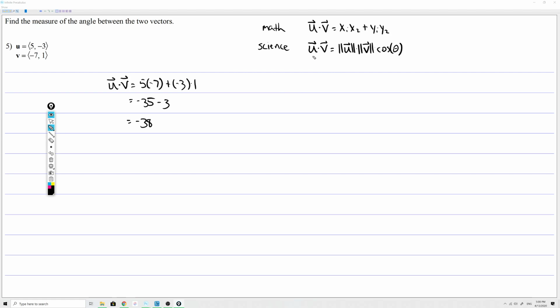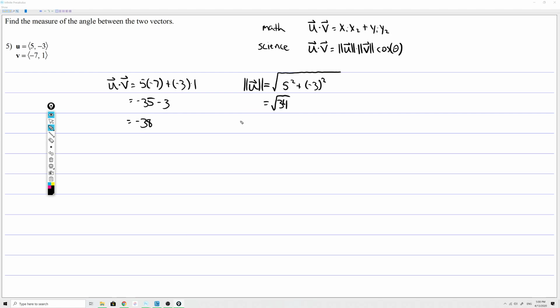So with the second form of the dot product, you need the magnitude of the two vectors involved. So let's go ahead and calculate those. We have the magnitude of vector u, which we've had the formula for for a while. It's basically the Pythagorean theorem. We have the square root of 5 squared plus negative 3 squared. So that's the square root of 25 plus 9, that's the square root of 34.